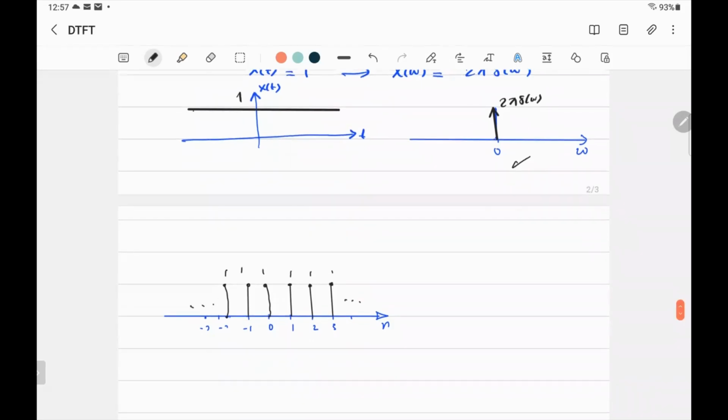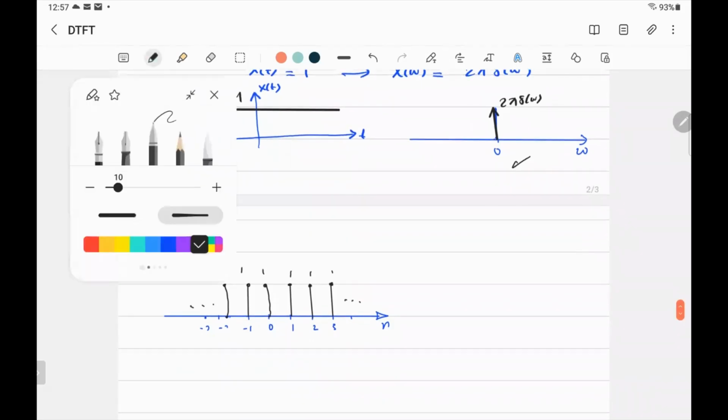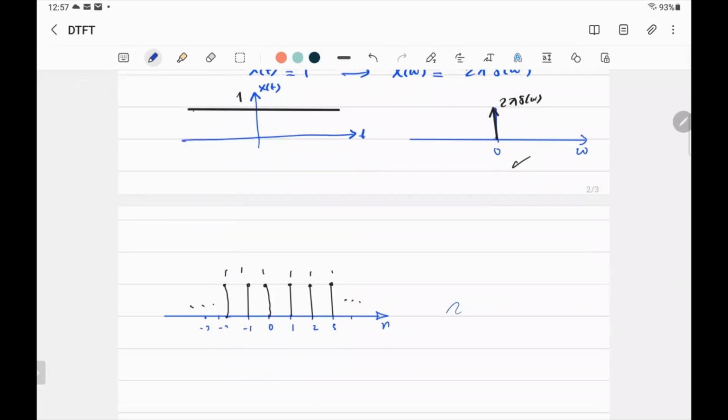Well, can you sketch it to understand it? Yes, let's sketch it. Let's call this again the same omega. I sketch the one I have at 0. That's the first thing, and that's 2 pi delta omega. Then I repeat every 2 pi to the right and to the left. So I have one at 2 pi, the same thing at 4 pi.